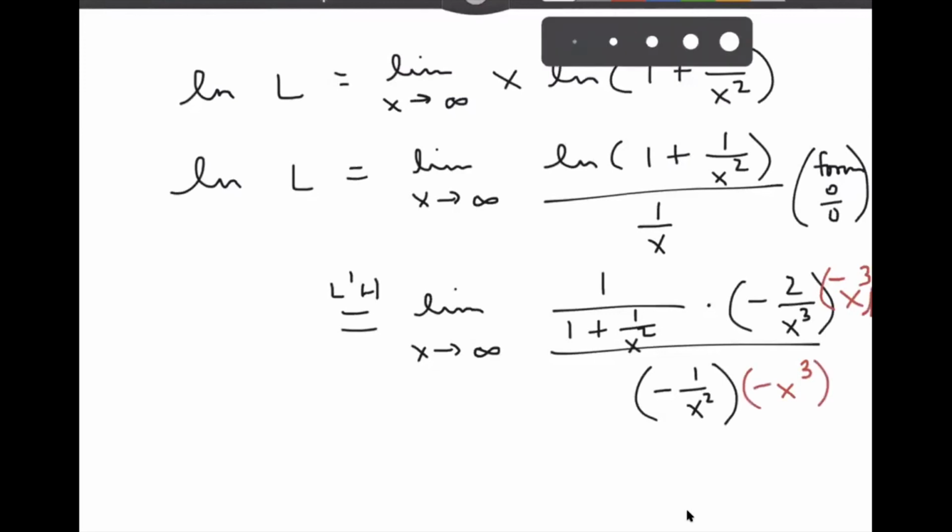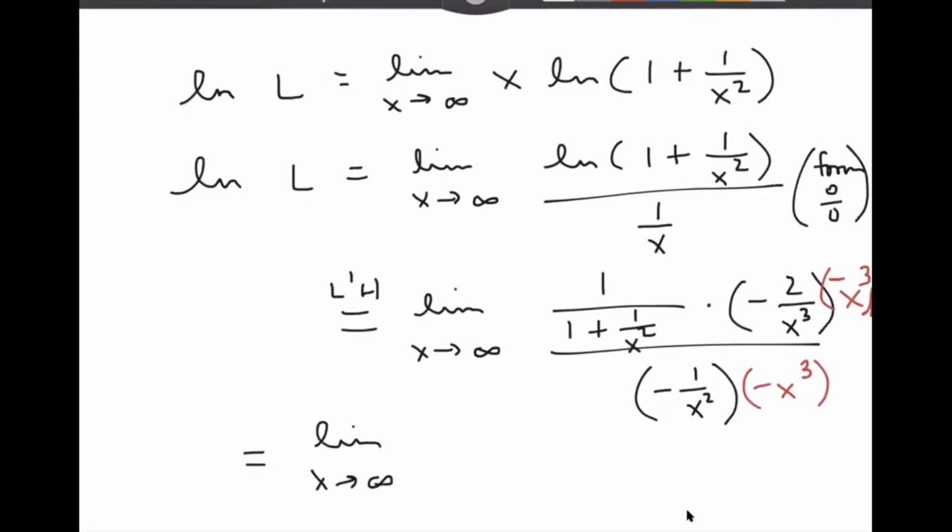That's going to give us 2 over 1 plus 1 over x squared, divided by x. So again, I probably could have been more clever about that. I think I'll just finish this up here.